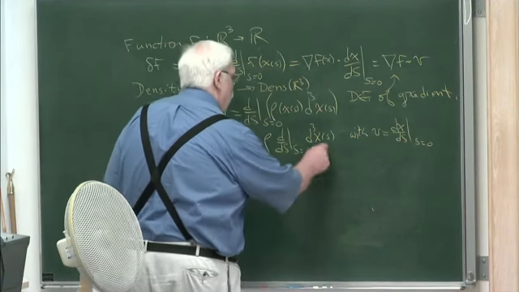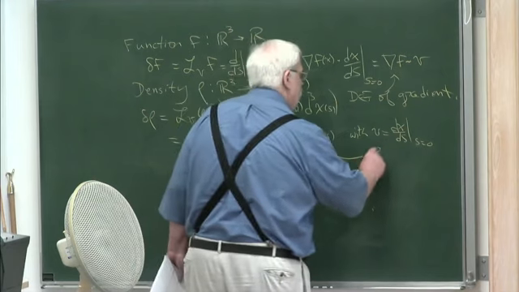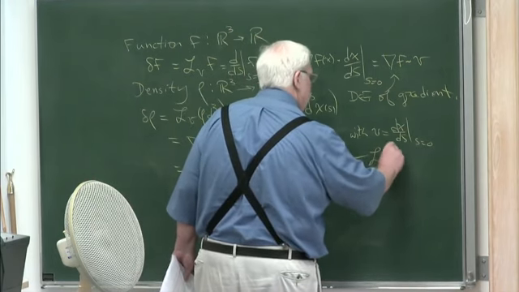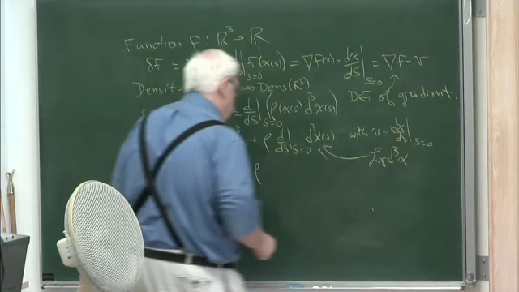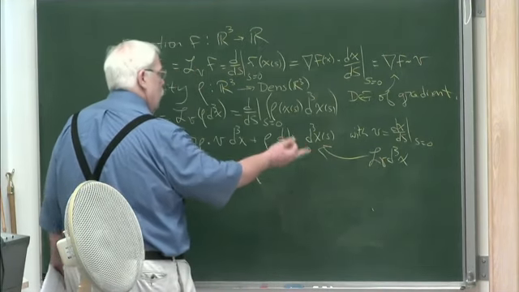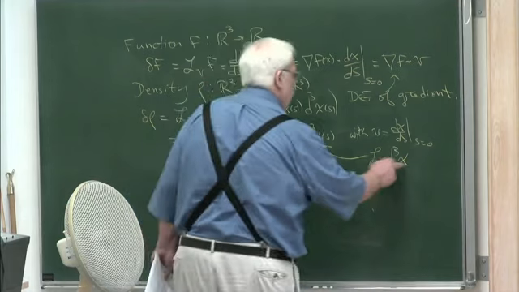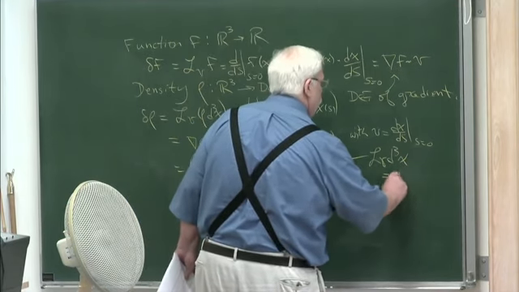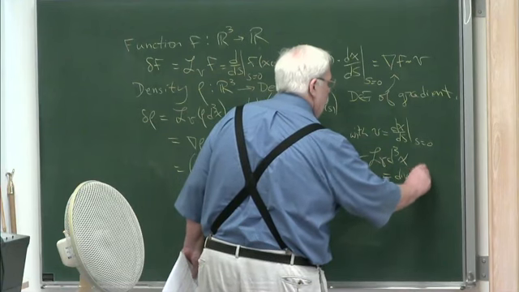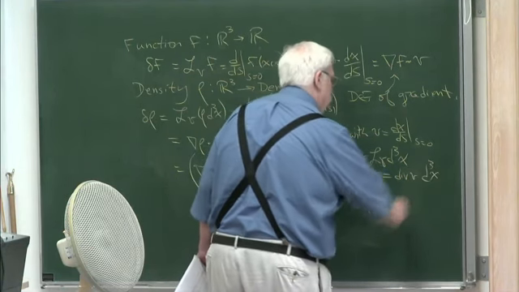Okay, this quantity is also the Lie derivative with respect to v of the volume element. And this quantity here is the divergence of v times d3x.